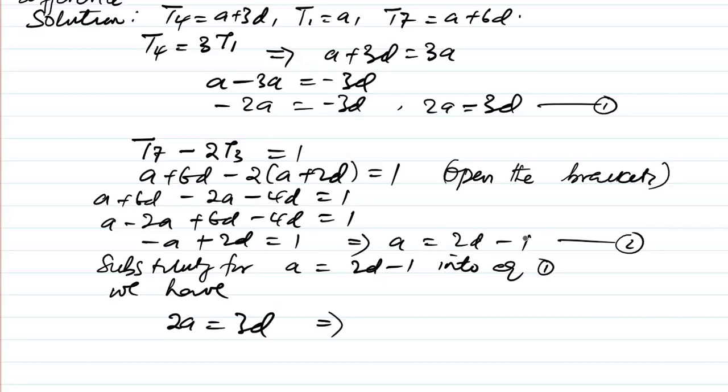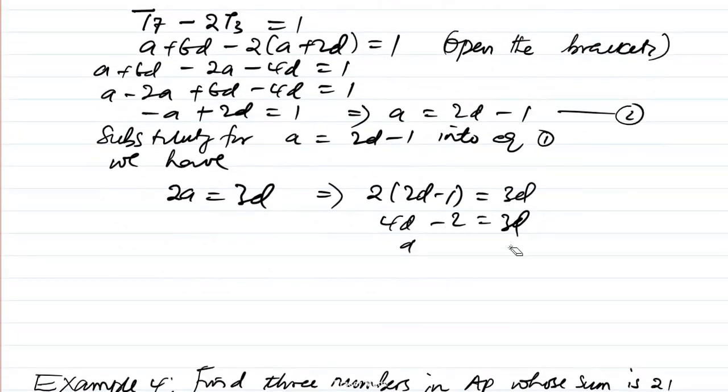This implies that 2 bracket 2D minus 1 will be equal to 3D. So 4D minus 2 will be equal to 3D. So 4D minus 3D will be equal to 2. So therefore D is equal to 2.